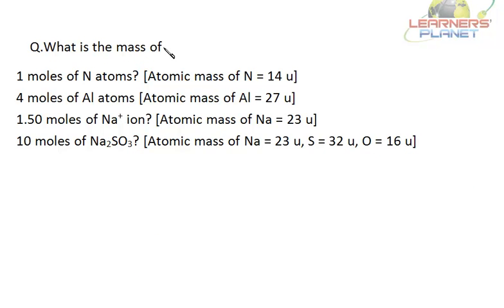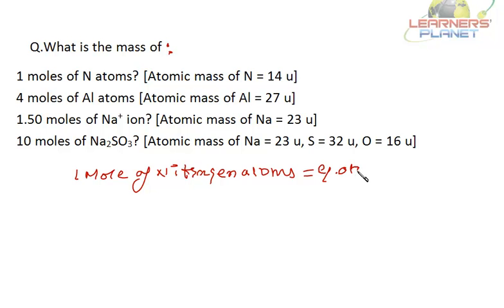Again, the same pattern of question is here. What is the mass of 1 mole of nitrogen atoms? 1 mole of nitrogen atoms is equal to what? Gram atomic mass of nitrogen.